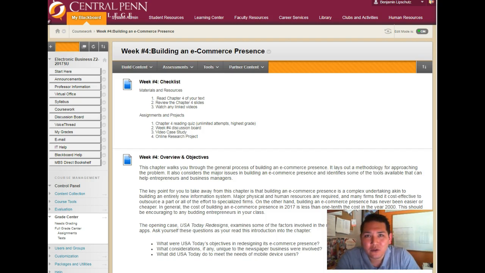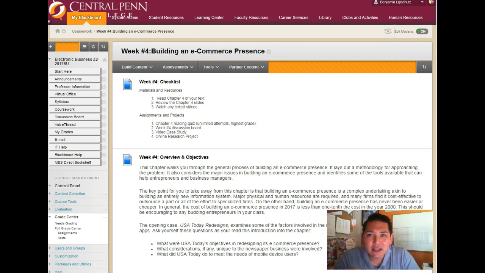Section 4.2 of your text borrows a systems analysis approach, a design framework from large-scale systems, and applies it to building an e-commerce website, which in reality, for most organizations, is a large-scale system. Table 4.2 helps you understand business objectives, the level of system functionality needed, and the information requirements.